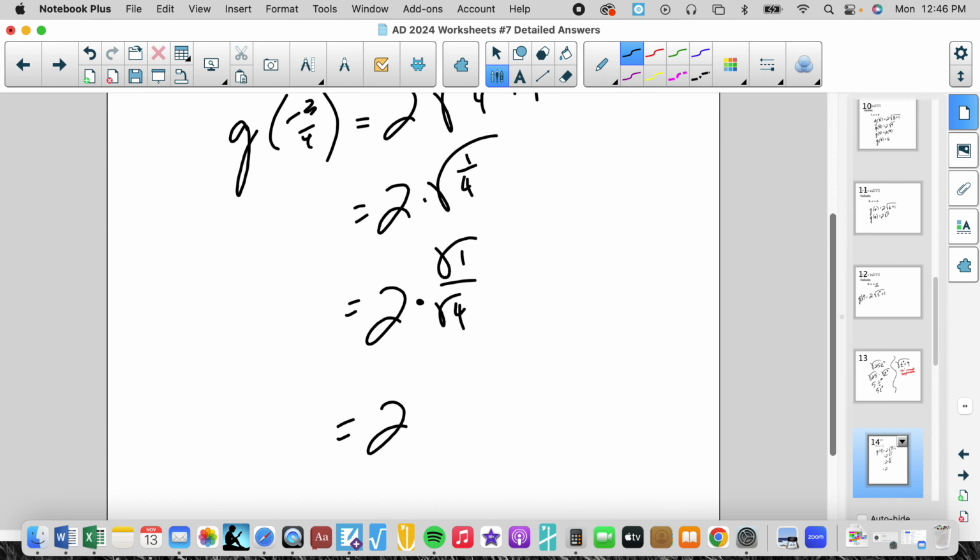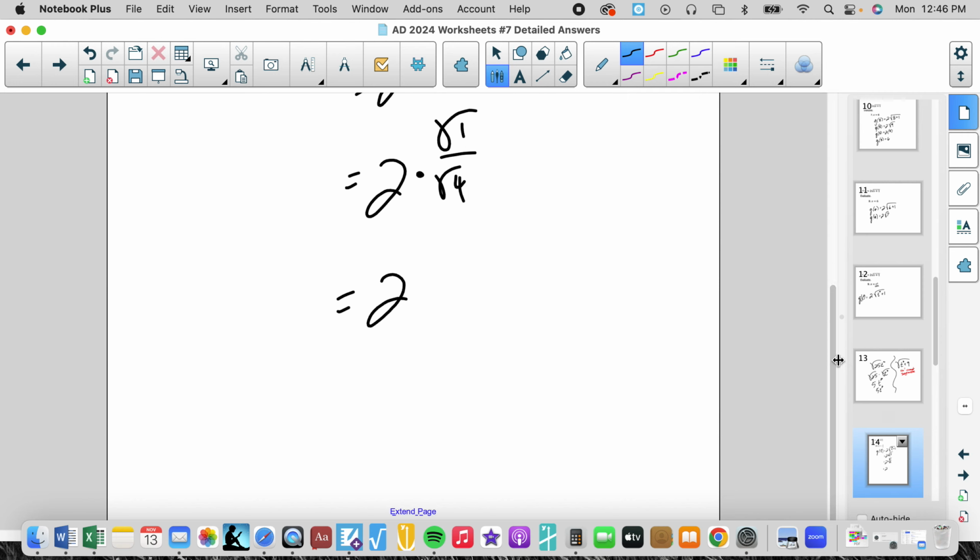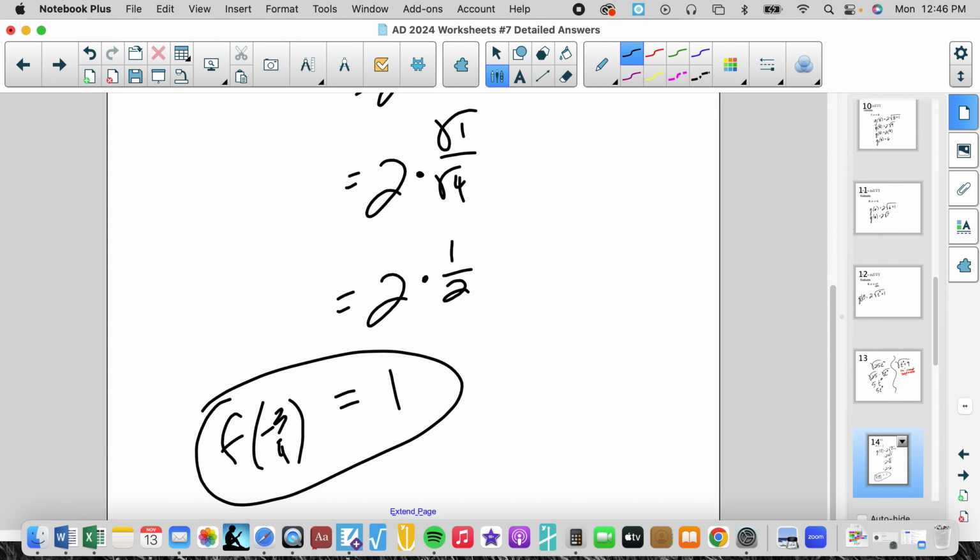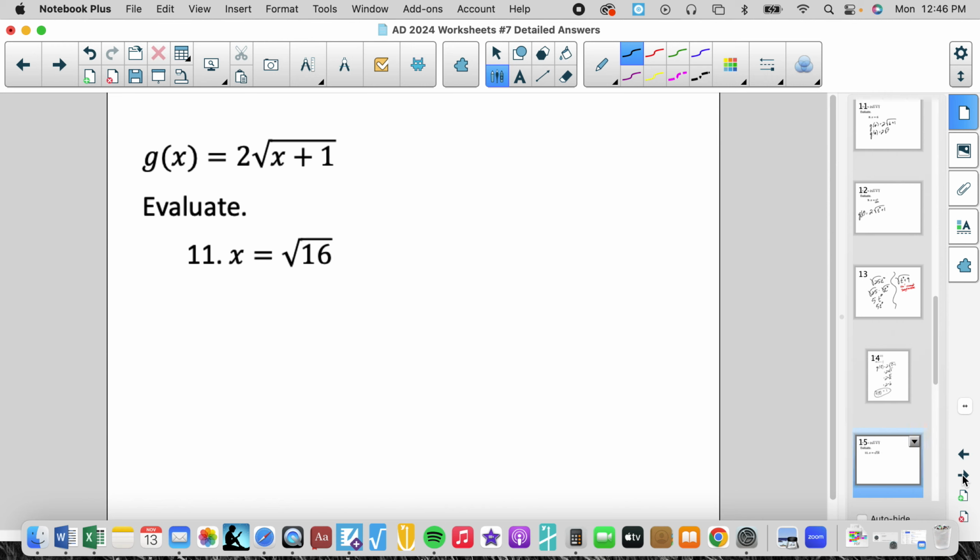So the square root of 1 is 1, square root of 4 is 2, so we have 2 times 1/2, which is 1. So g of negative 3/4 actually equals 1. That's a good one. So do not write 2 and 1/2. Students are going to add that, or they're just going to plop that to the right of the 2. That is the tricky one.